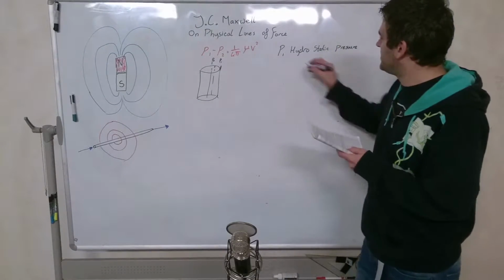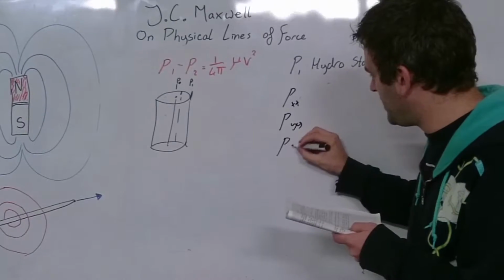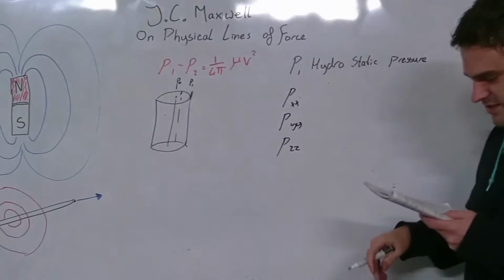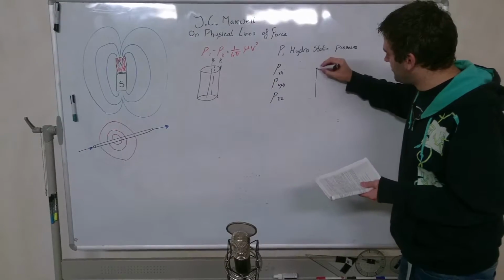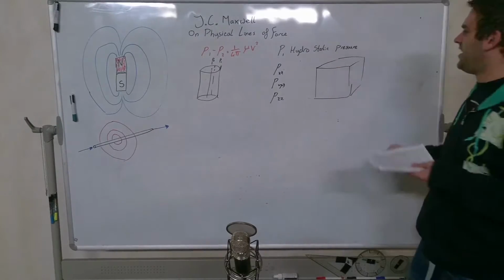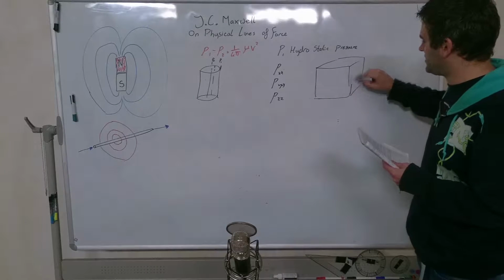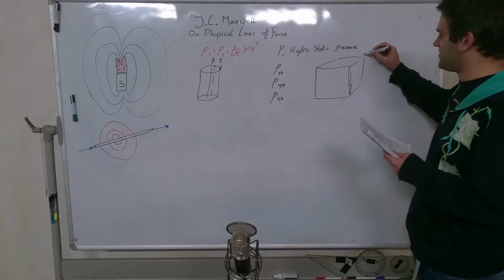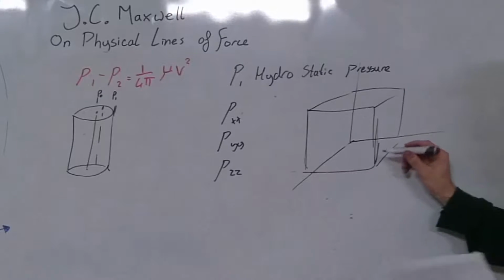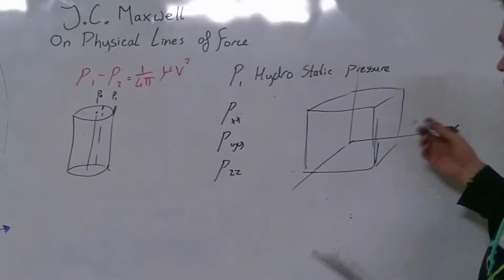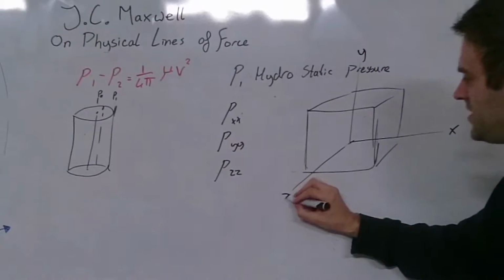We can call Pxx, Pyy, and Pzz the normal stresses parallel to the free axis. In another video we talked about, for instance, a cube, and in this cube we can grab a surface, for instance the front surface and the back surface, and if we call the three dimensions, as usual, this x, this y, and this z.